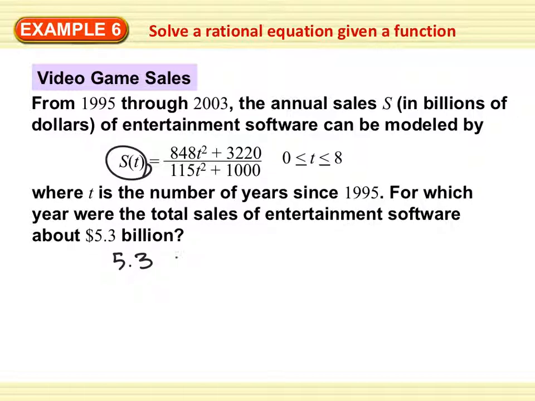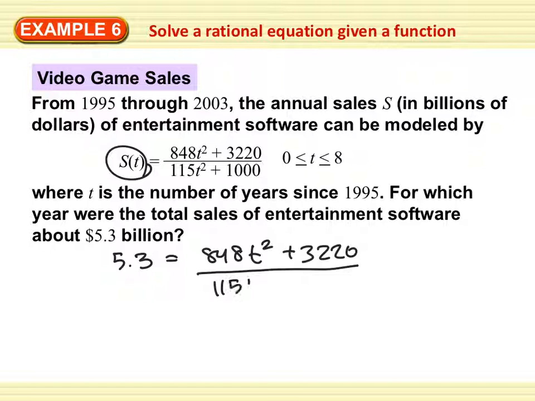So 5.3 equals 848 T squared plus 3220 over 115 T squared plus 1000. So we're trying to solve for T, time. Okay? Here, it's a simple one.